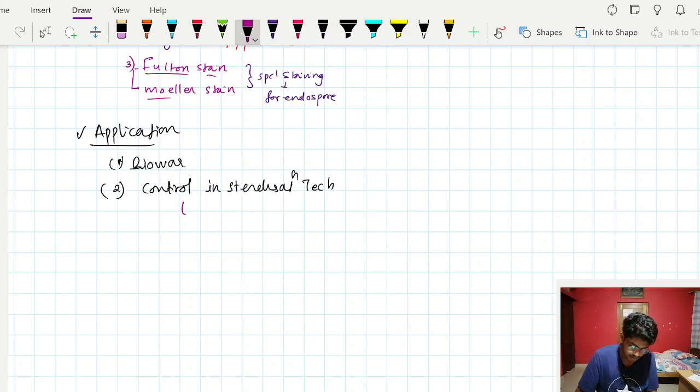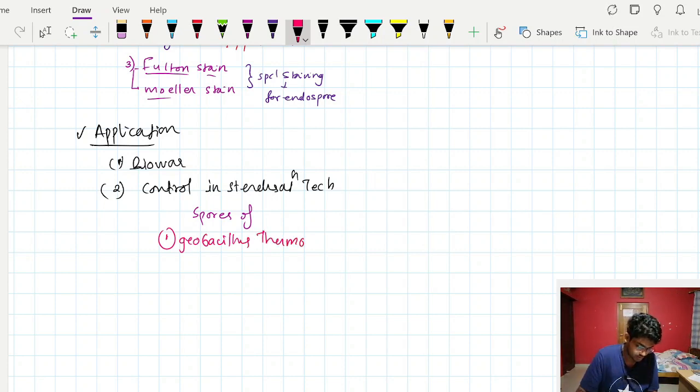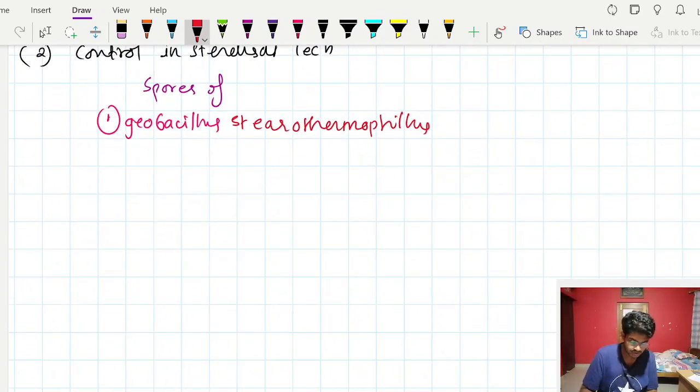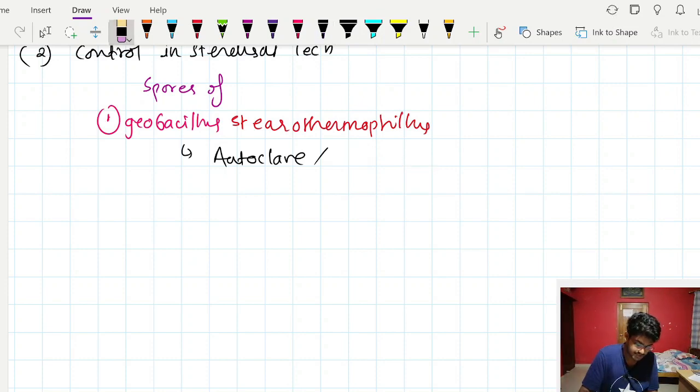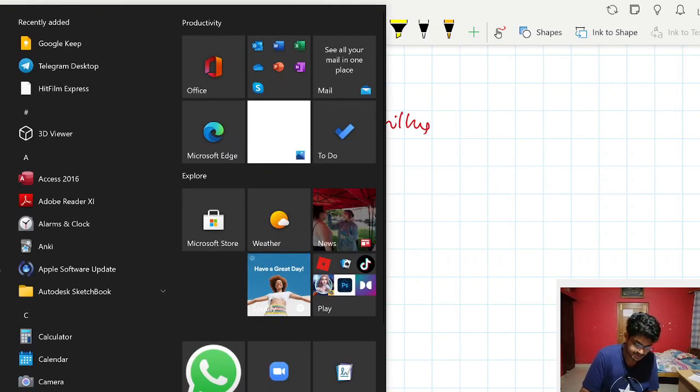For example, the spores of Geobacillus stearothermophilus are used in the autoclave method and the plasma sterilizer.